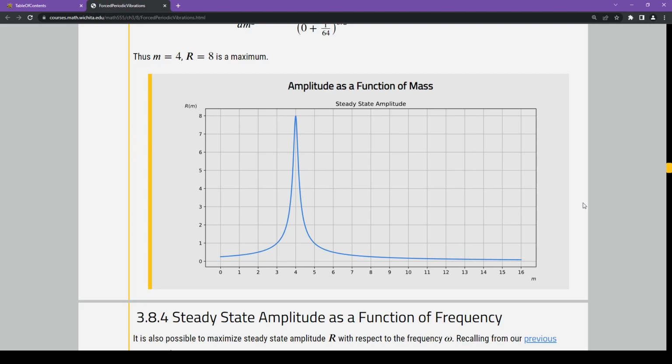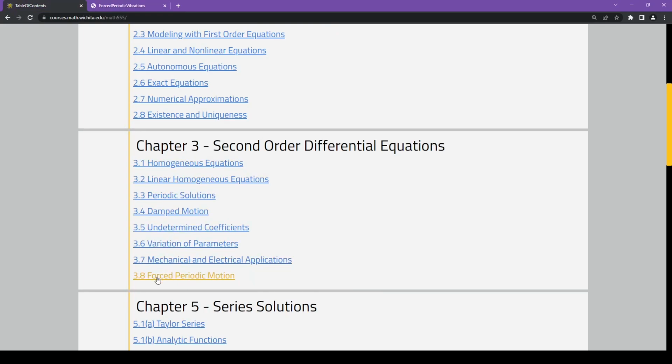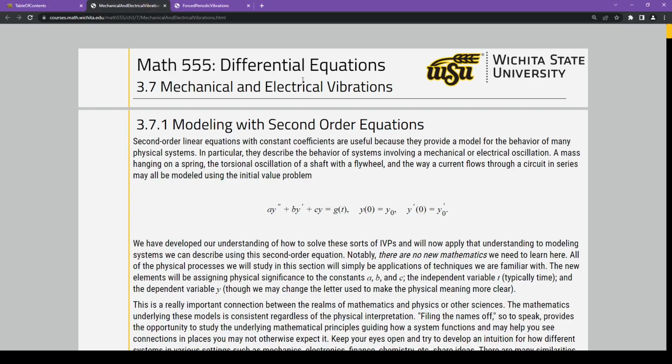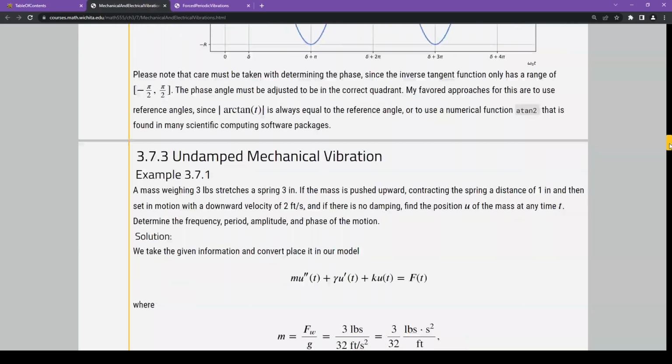Picking more mass doesn't necessarily make it have larger amplitude oscillations. It is going to be dependent upon the external forcing and what the values for the damping and the spring constant are. These things go together. This is especially important for the other type of application that we didn't have as much time to talk about last lecture, which are electrical vibrations.